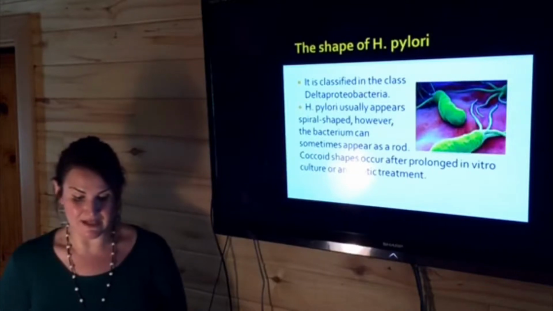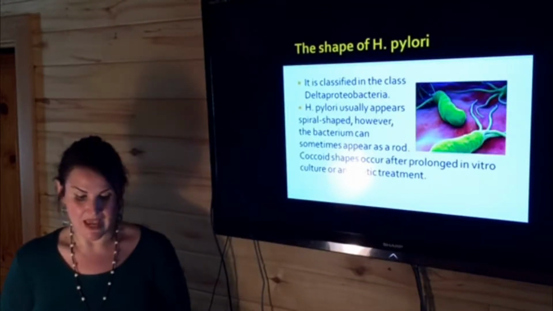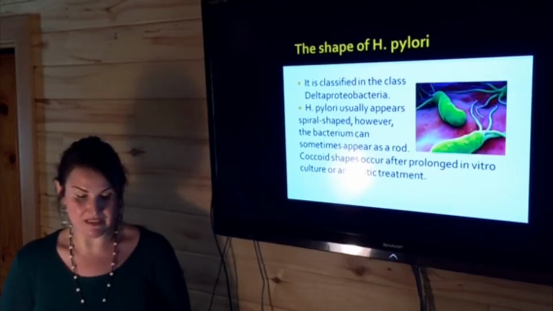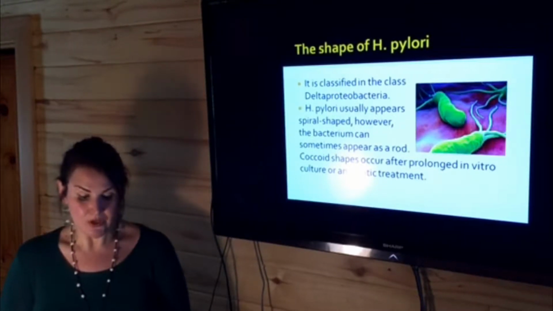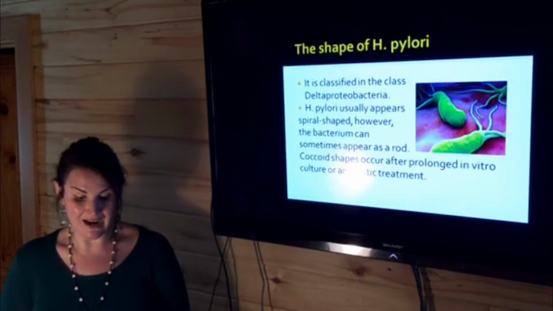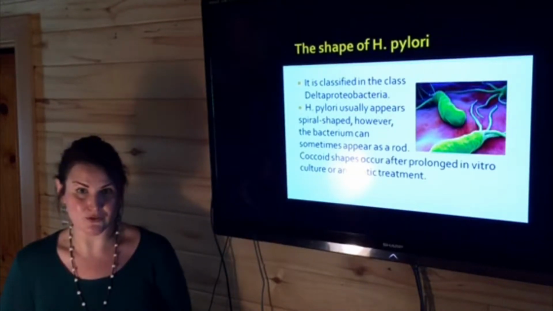It is classified in the class Delta Proteobacteria. H. pylori usually appears spiral-shaped. However, the bacterium can sometimes appear as a rod. Coccoid shapes occur after prolonged in vitro culture or antibiotic treatment.